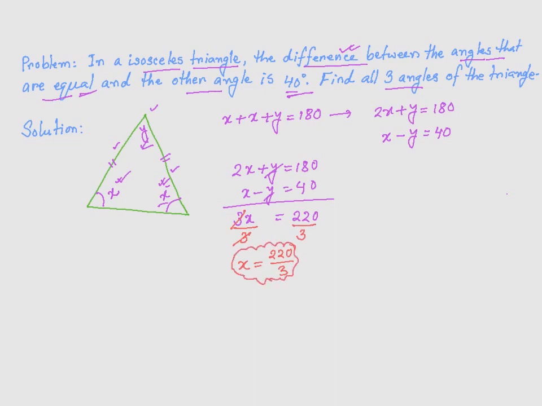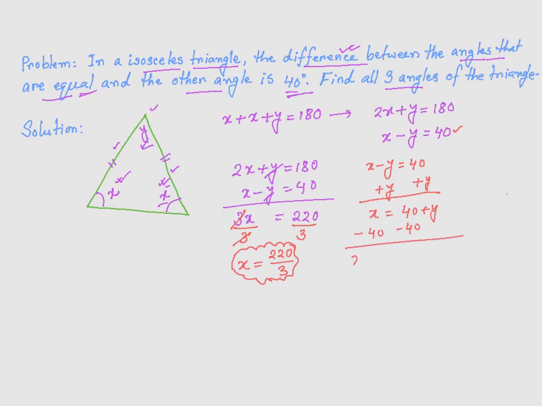Now to find the y value, I can just use this equation, which is pretty easy to use. x minus y is equal to 40. If I add y to both sides, I get x is equal to 40 plus y, and then subtract 40 from both sides.